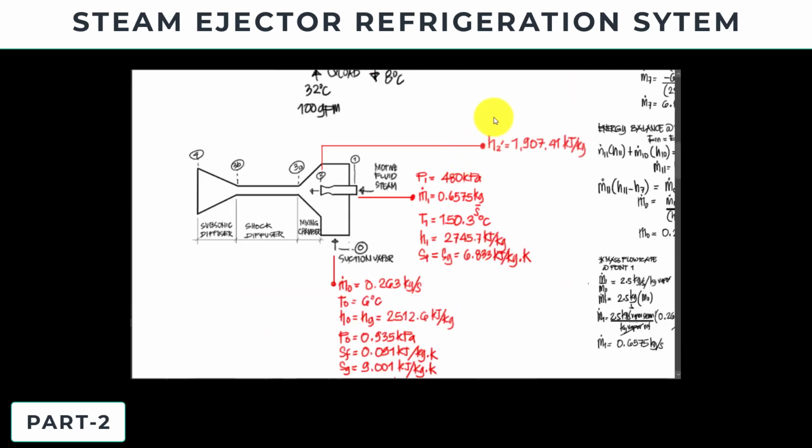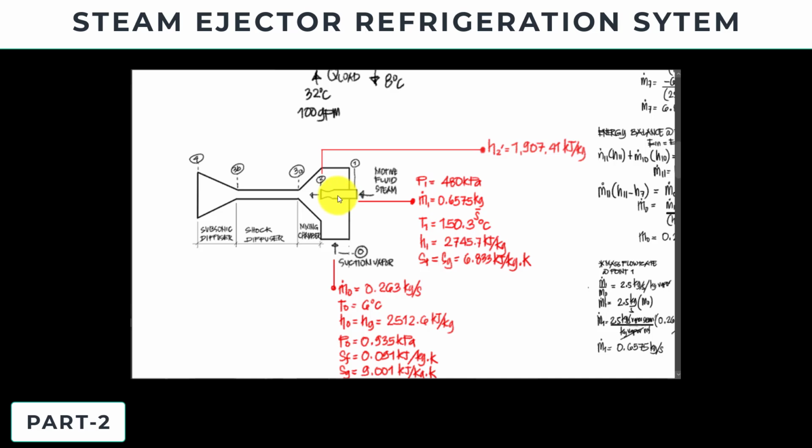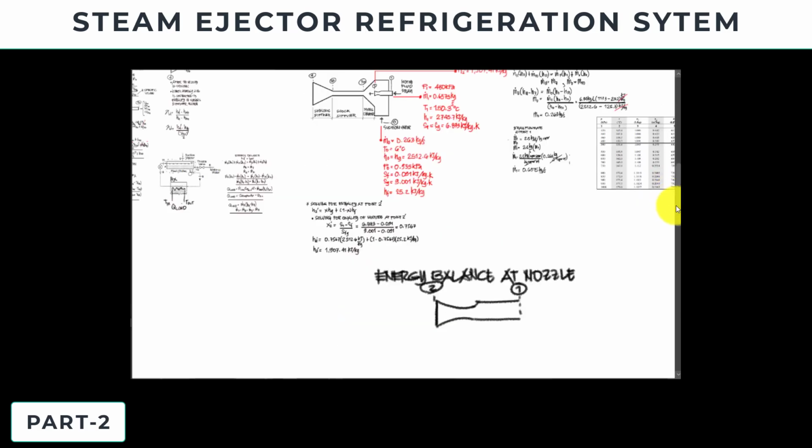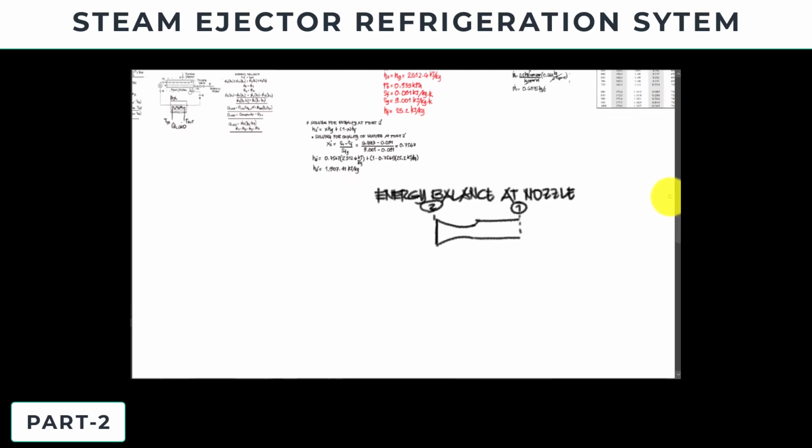Now I designated the value of enthalpy 2 prime to have a label at point 2, so that we have the reference for that one. The next will be having an energy balance at our nozzle to get the value of the velocity at point 2. Now, energy balance at point 2, so we have the following energy that is entering here.